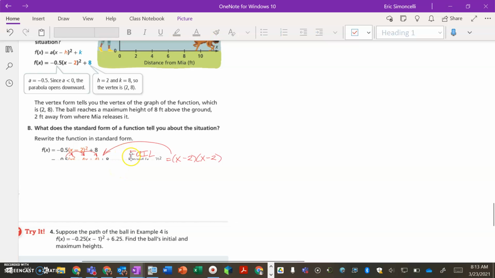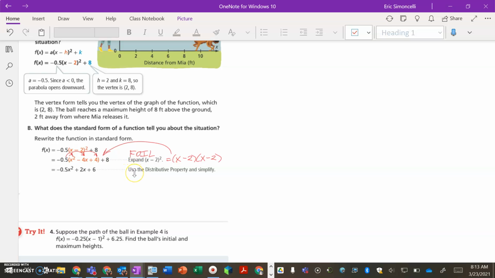Yes, you are going to FOIL to see that you're on track, but if you distribute the negative 0.5 after you FOIL x minus 2 quantity squared, it is nice to see that unfold. So x squared minus 4x plus 4. Then distribute the negative 0.5. Notice the plus 8 is still out on its own.